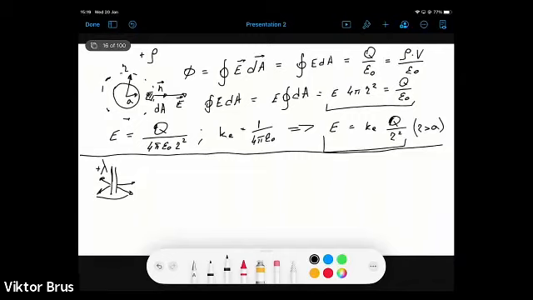So let us draw some cylinder around this line. We have these positive charges everywhere. And let's consider the height of this cylinder as L, and the radius of the base of the cylinder as R.